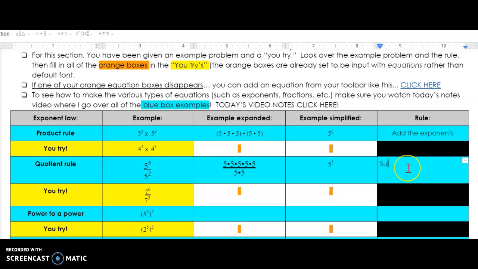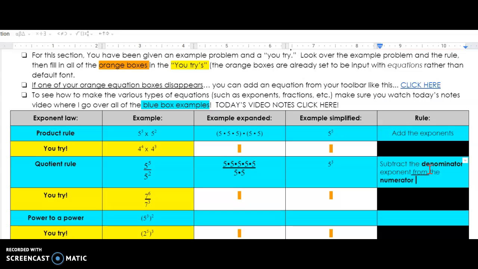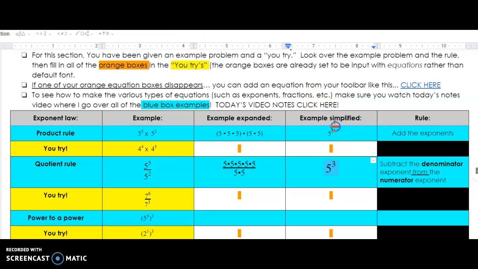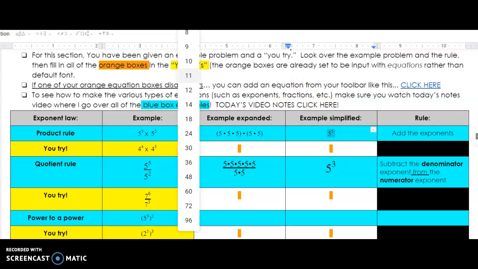I need to subtract the denominator exponent from the numerator exponent, right? So I subtracted 2 from 5 to get 3. Okay, so that's 5 to the third. Let me make that one bigger, and this one, so everybody can see.